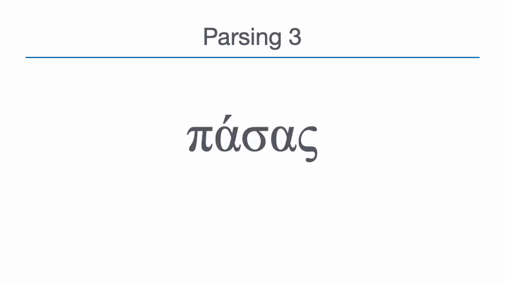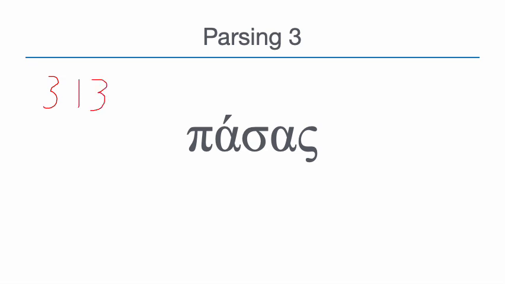So then we go to this next one, pasas. This is from pas. And remember, it's pas, pasa, pan. All right. So if you think about pas, pasa, pan, you're going to remember that in the genitive singular, this is a 3-1-3 pattern.